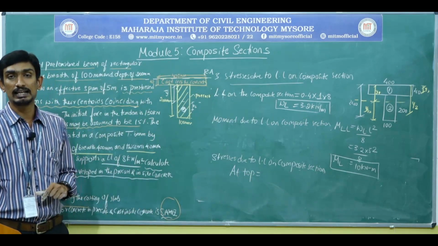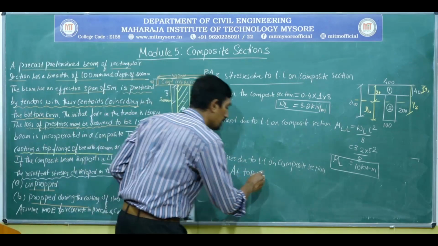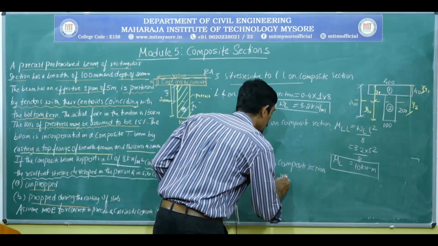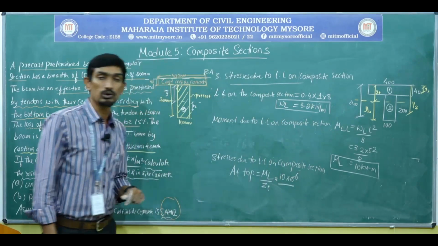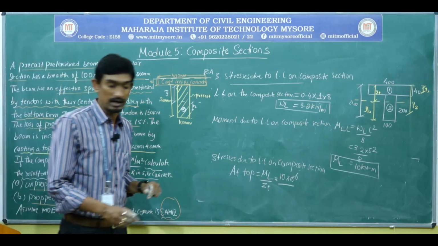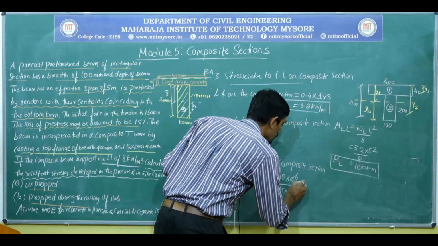Why? Because ZT and ZB are not the same. So hence ML divided by ZT, that is 10 into 10 to the power of 6, I am converting into Newton per millimeter square, divided by 225 into 10 to the power of 4.